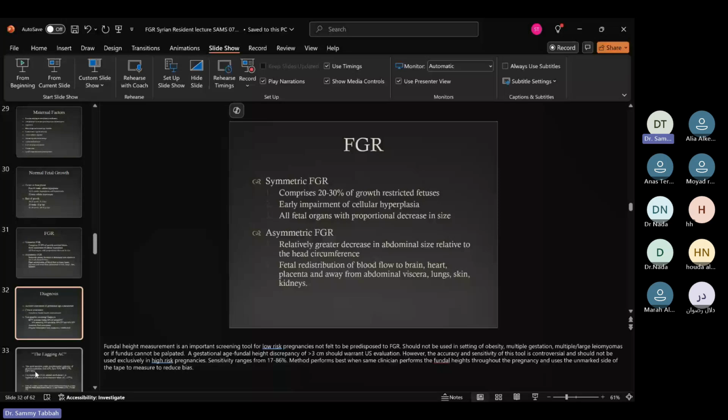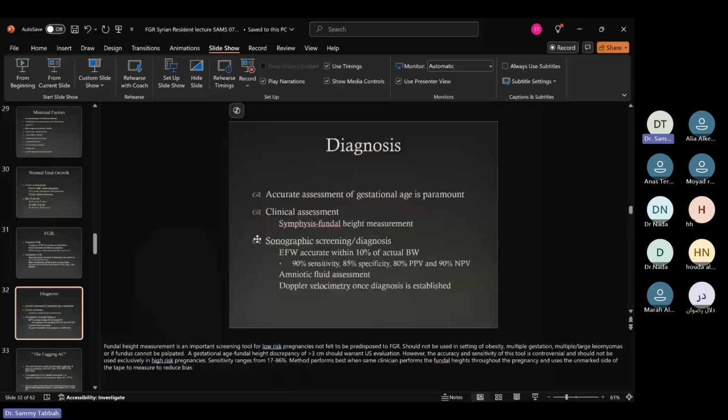So when you're diagnosing fetal growth restriction, it is very important that you have an accurate assessment of gestational age. Ideally, a patient comes in the first trimester and has an ultrasound that agrees with their last menstrual period. Under those circumstances, that patient is well dated, and their due date is as accurate as it can be.